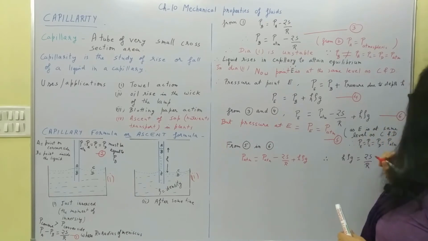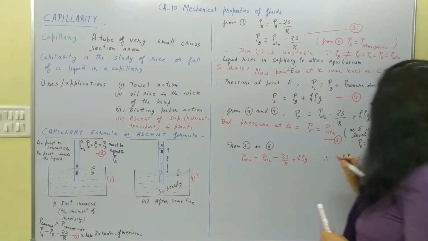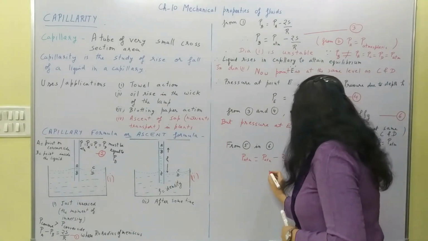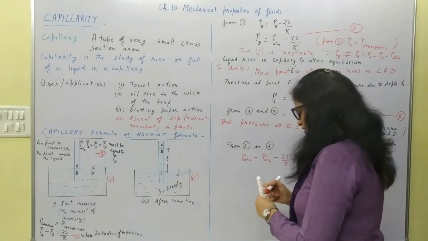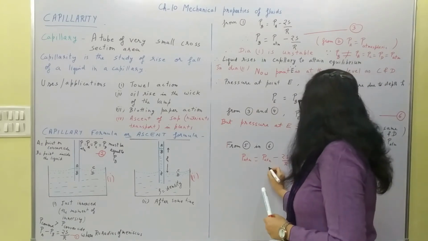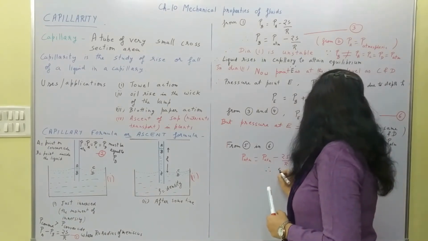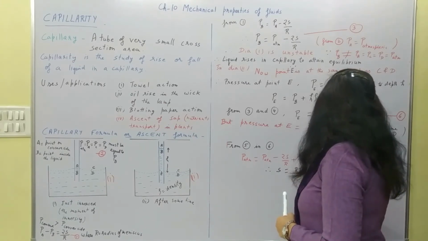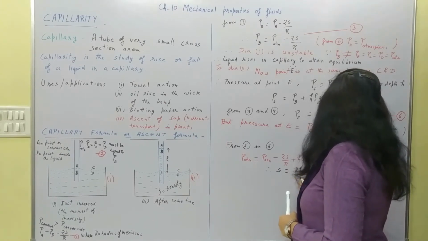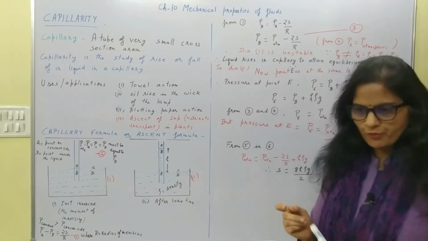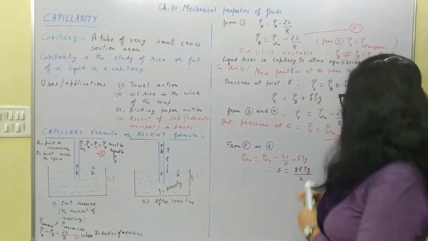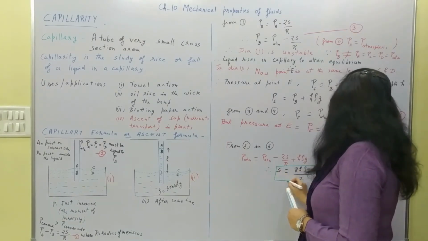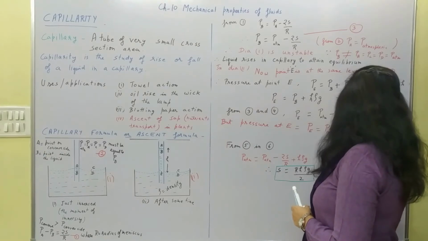So from here I can write that surface tension S is equal to R H rho G upon 2. So this is one formula which we are concerned about, this is equation 7.